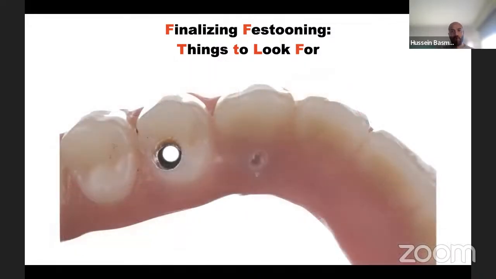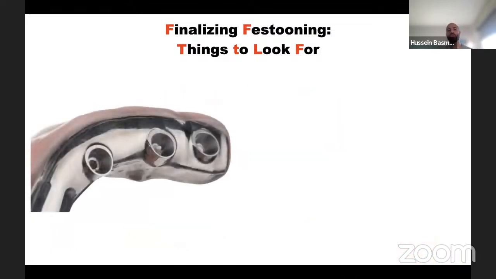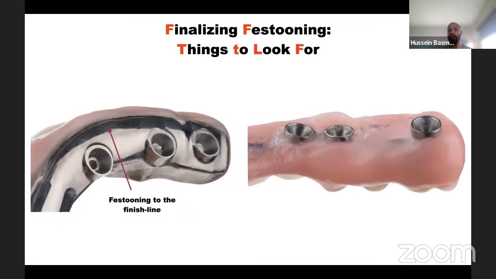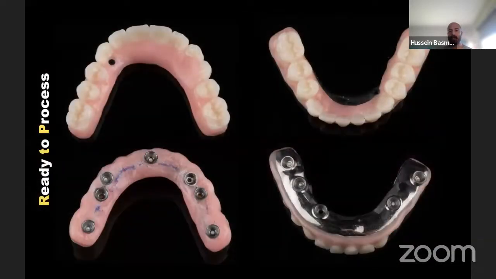We make sure that we have minimal screw access holes whenever we're doing this. Once we finish with that, we make sure that the prosthesis at the end is not going to harbor any plaque. We don't have any areas that are going to be harder for the patients to clean, as you see in this image right here.